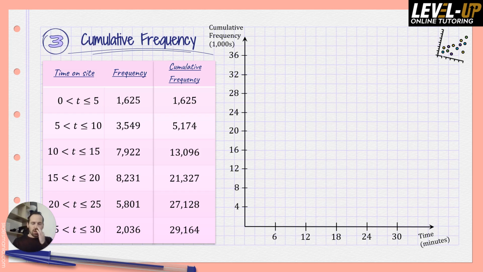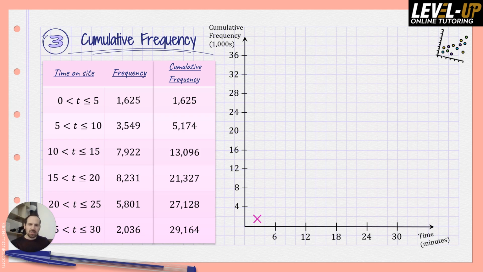So how we would actually plot this: we plot coordinates, and vertically, it's just going to be the cumulative frequency. So you see this first value is about 1,625, but in the x direction, what we plot is essentially the midpoint, just like we saw with the mean. The midpoint is taken to be representative of the group.